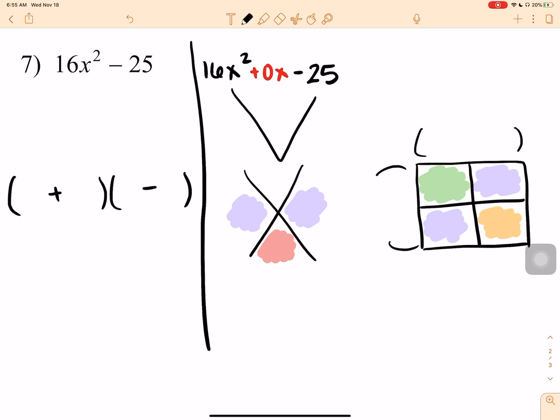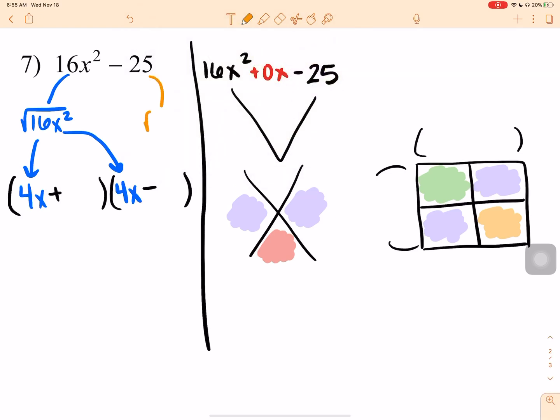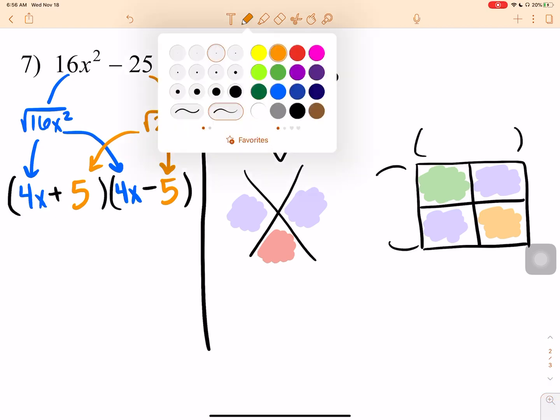So here, if I were to take the square root of 16x squared, again, this only works because I know this is a perfect square. 4x times 4x equals 16x squared. And then I know 25 is a perfect square. Square root of 25, so we have 5 and 5 here. All right, so this should be my factored form.